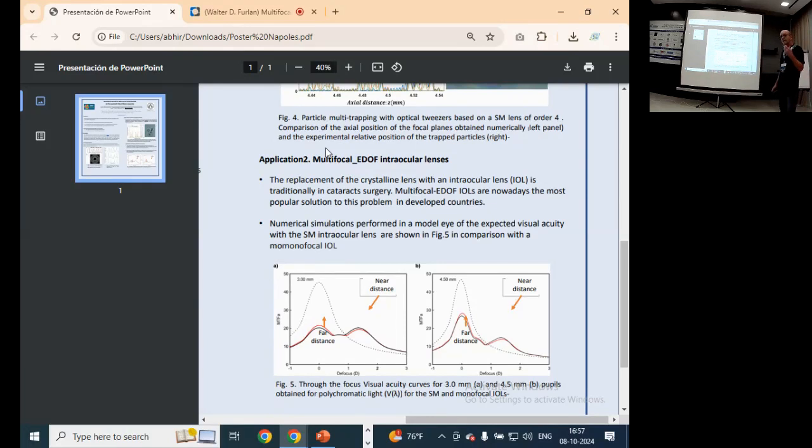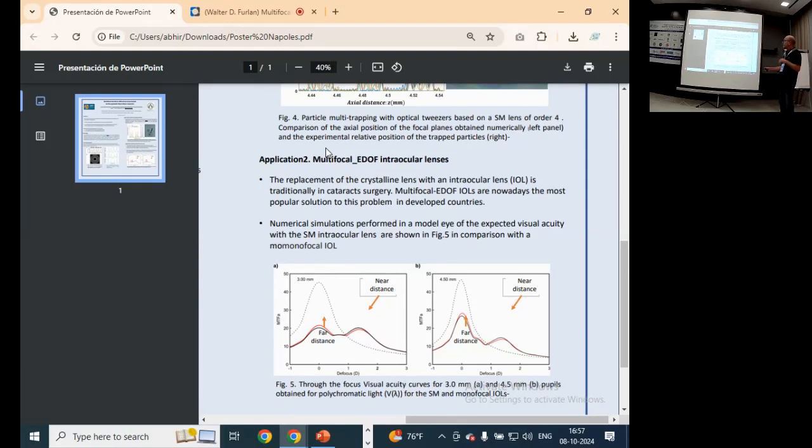When I say far, it's from 4 meters and beyond. And when I speak about near distance, I speak about 35, 40 centimeters from here. So in these two positions, the focus is good, and for the intermediate distances, the transition is very smooth.